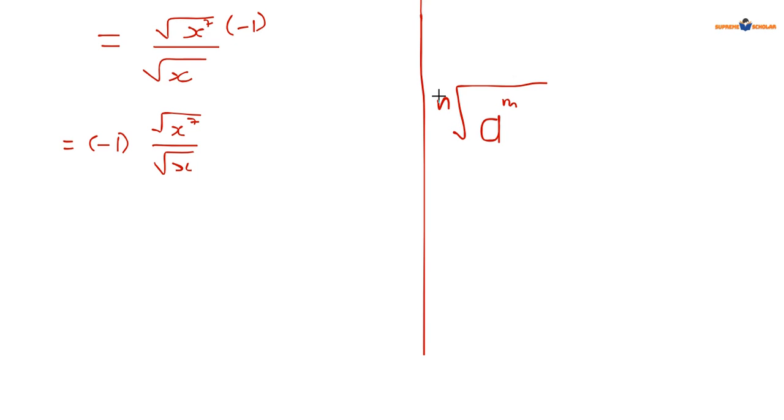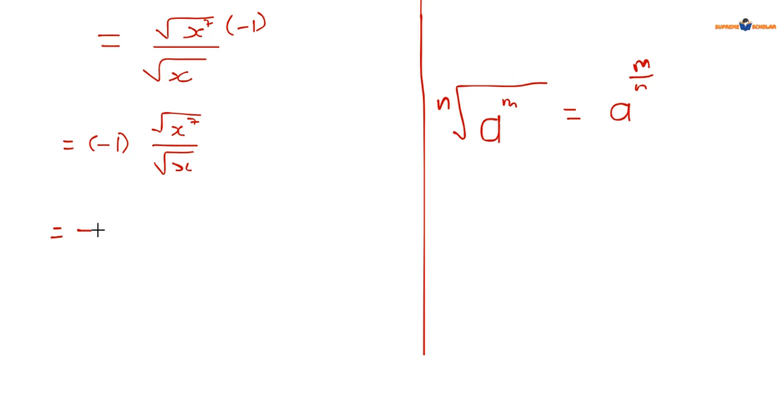We are interested in any number here and any number here. The rule is that if any number a is raised to some number m, and we're taking the nth root, then that becomes the same as a to the power of m divided by n. That's the exponent law.